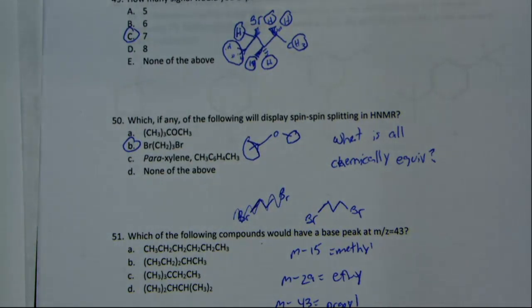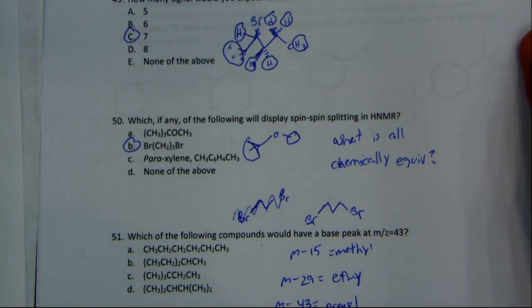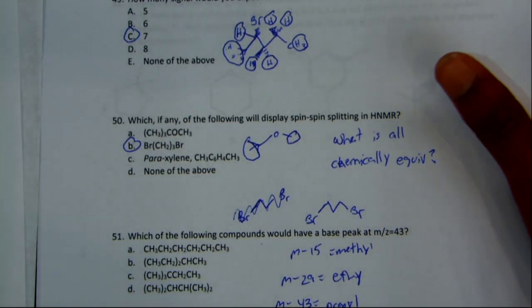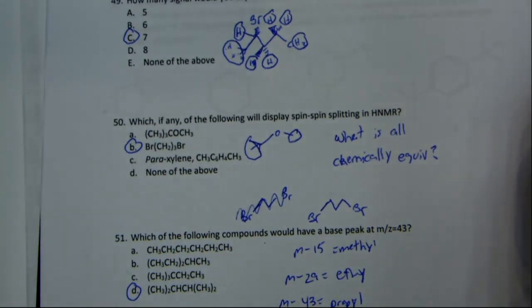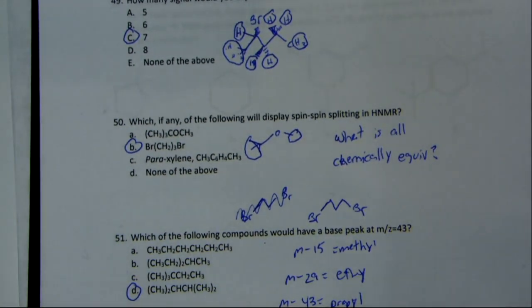So we should have a propyl group coming off somewhere. The one that has this propyl group is D. If you draw it out, you'll be able to see it easier. Right now, since it's in this weird format, it's difficult to see. Is that good? Okay, on to the next one.